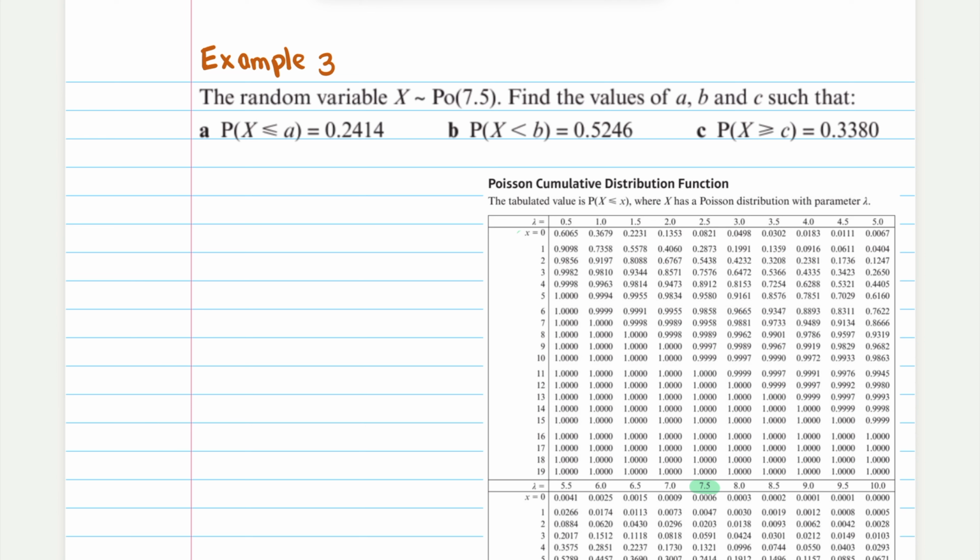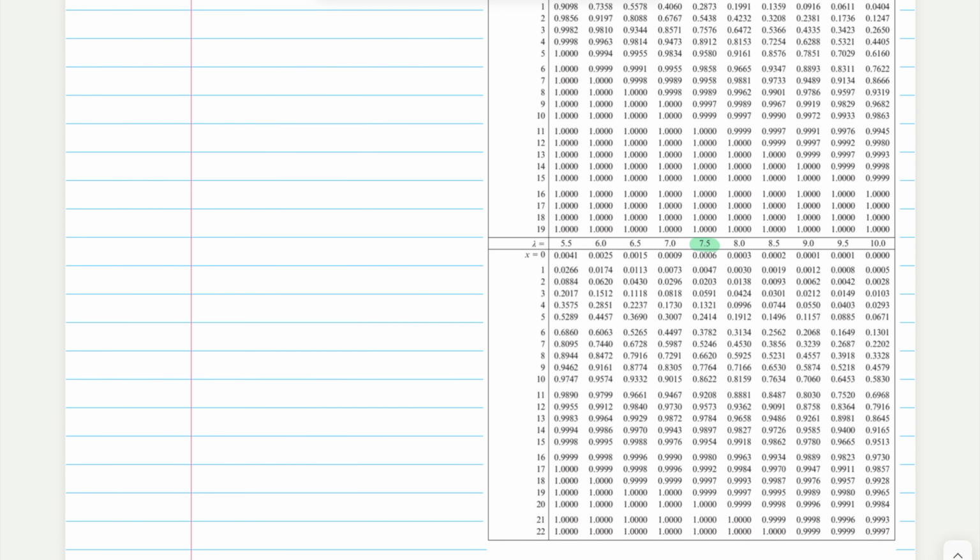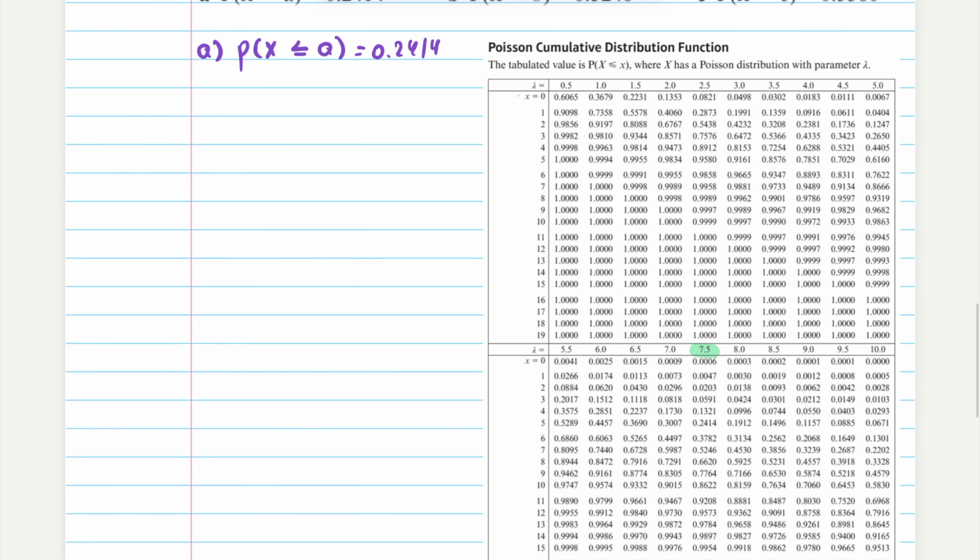So they want us to find A, B, and C. For the first one, the probability of x being less than or equal to A gives us 0.2414. All you have to do is find this value in the table, and the probability is 0.2414. So that gives us x must be less than or equal to 5. So we say that if x is less than or equal to 5, that gives us the probability 0.2414 from the table, so A must be 5.